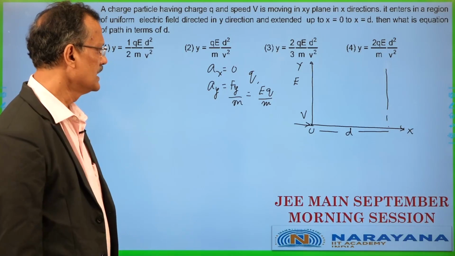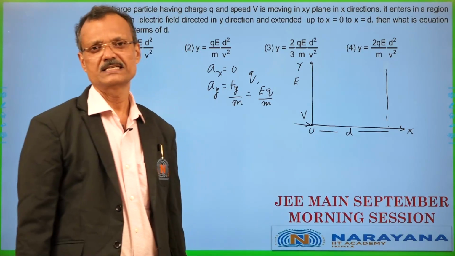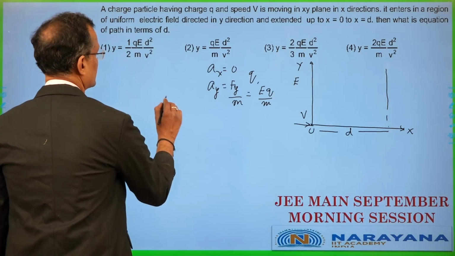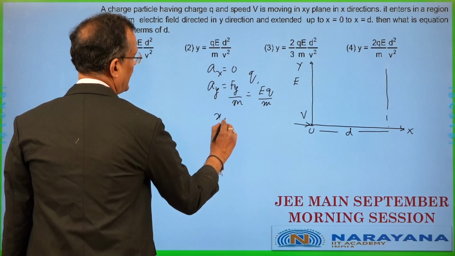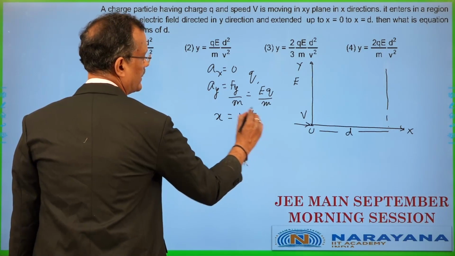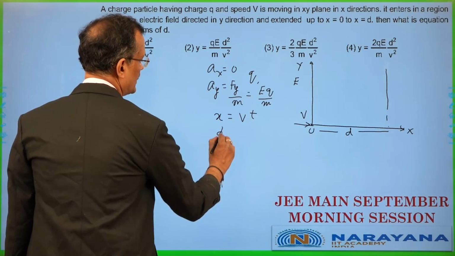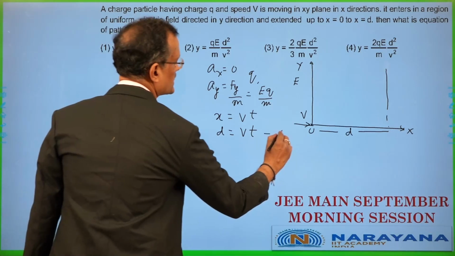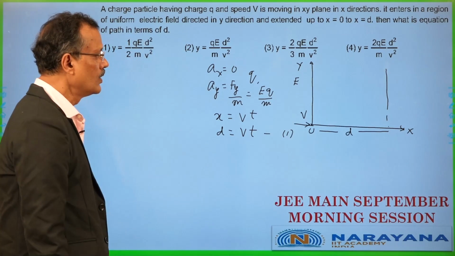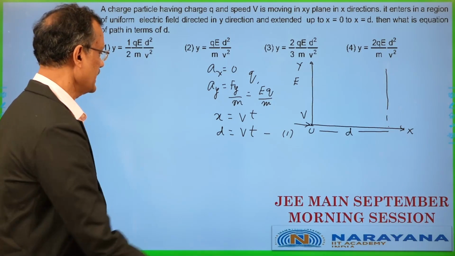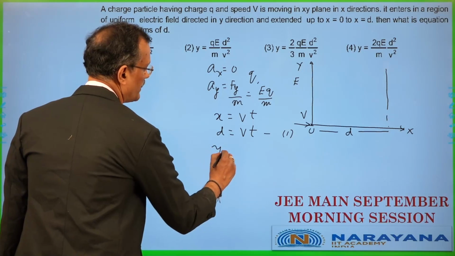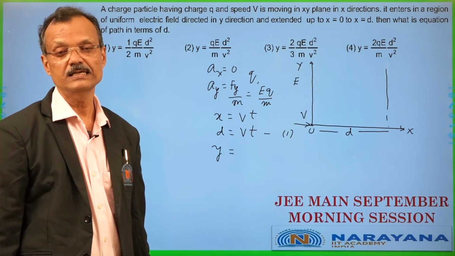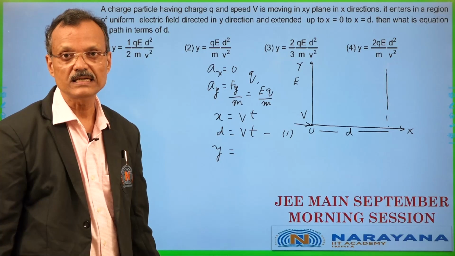Now suppose this distance d it covers in time t. So d is x. You take x equal to vt. D equal to vt. This is equation 1. Now you go for the y direction. Your y will be equal to uy t plus half ay t squared. Simple kinematic equation.